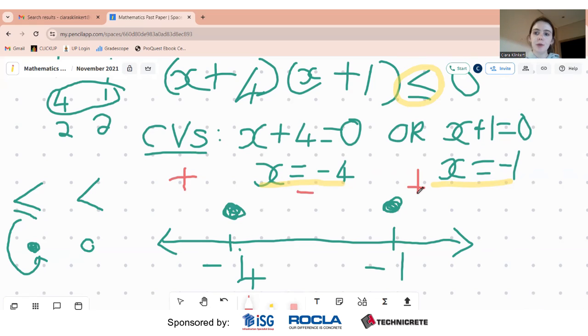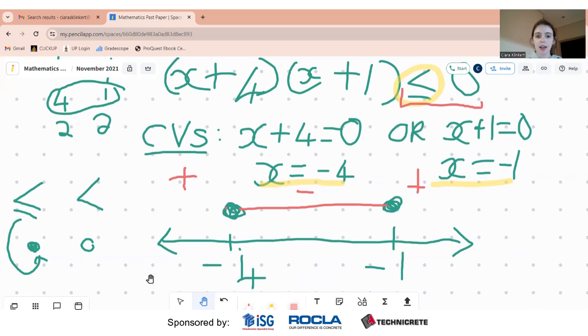Okay. Now, you need to look at your original question. Do you see that it says less than or equal to 0? Something that is less than 0, do you agree, is negative. So I will be in the negative section of my numbers. So I draw a line over the negative section connecting the dots.